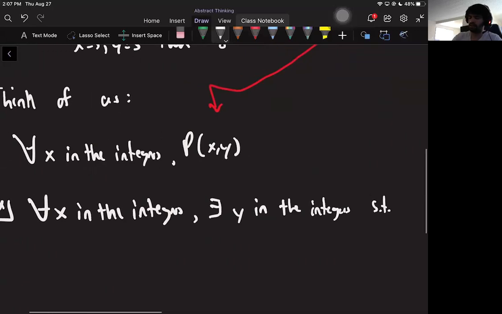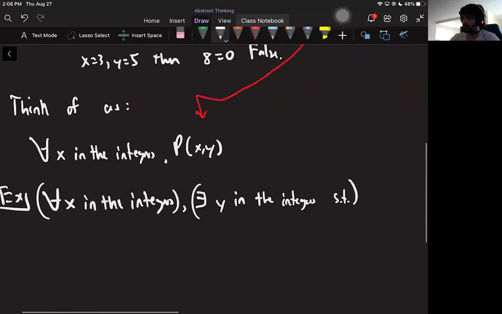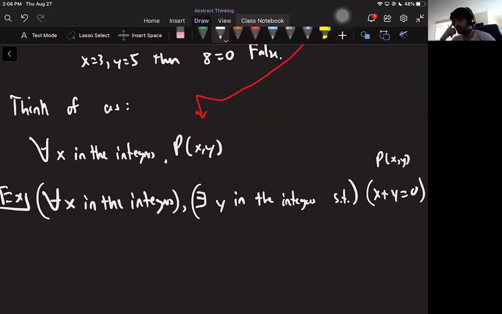And again, I'm going to do parentheses just to keep things together. Such that, and then our predicate is going to involve x and y. Well, we're just going to use the same predicate. Okay, so here's another statement involving two quantifiers, but now it's a for all, and then it's there exists.